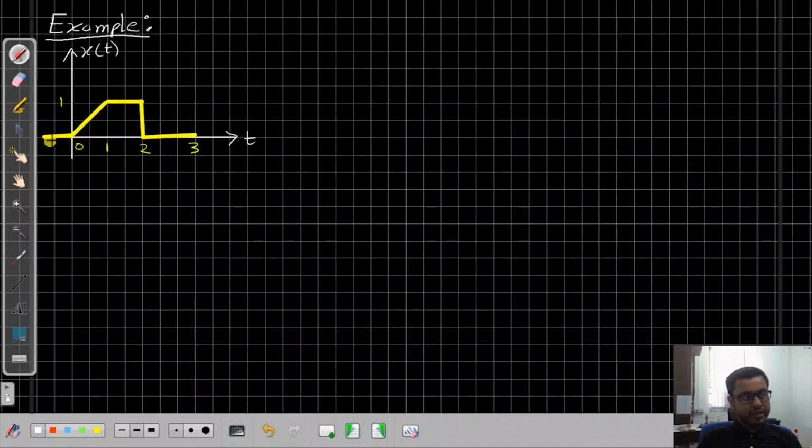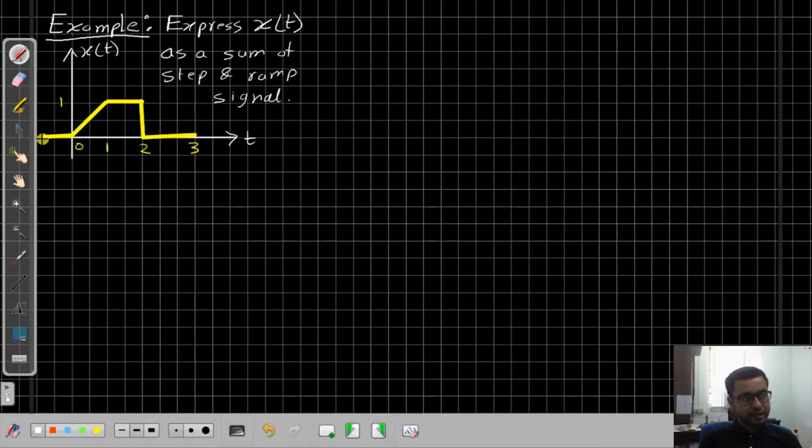Suppose we are given a signal x(t), an arbitrary but piecewise linear signal like this, and the question is to express this signal x(t) as a sum of step and ramp signals. So this is the question. How do we solve this?